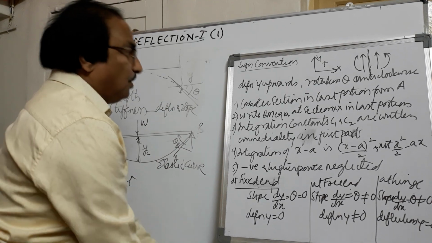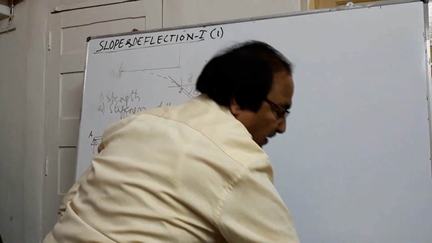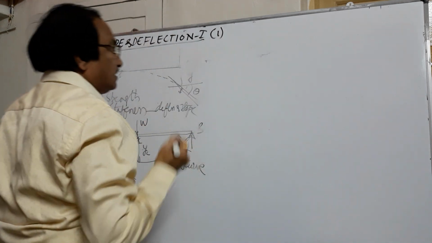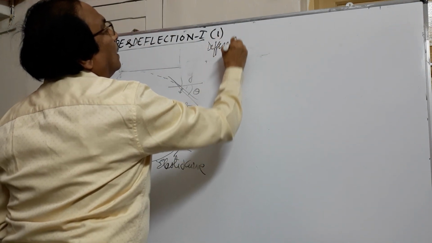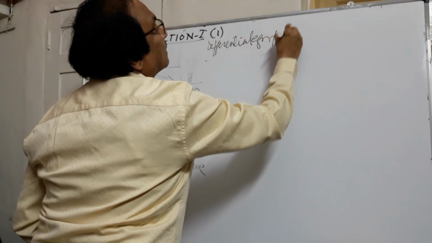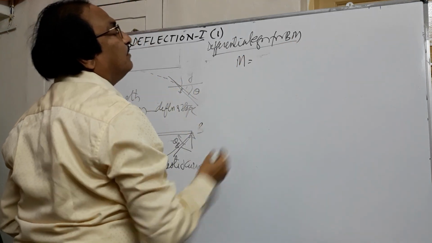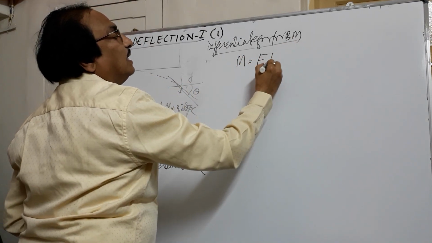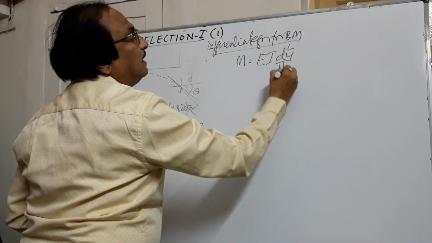Now here we come across a very important derivation, what is known as the differential equation for bending moment. If M is the bending moment, then the differential equation for this is given by M equals EI d2y by dx square.